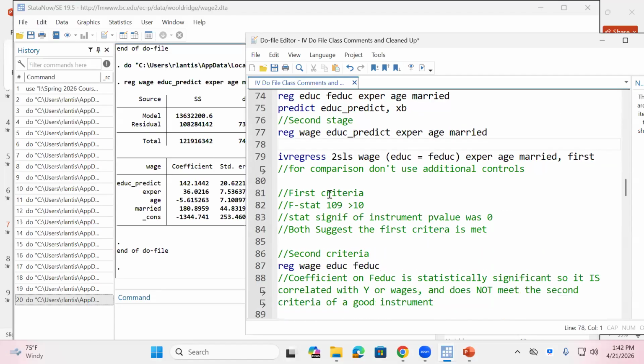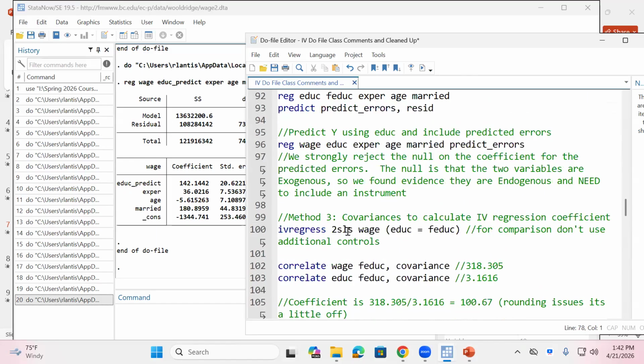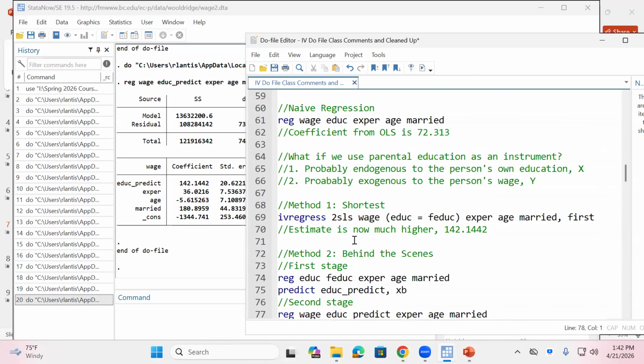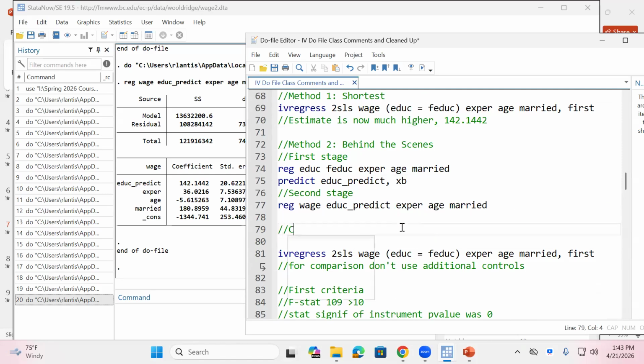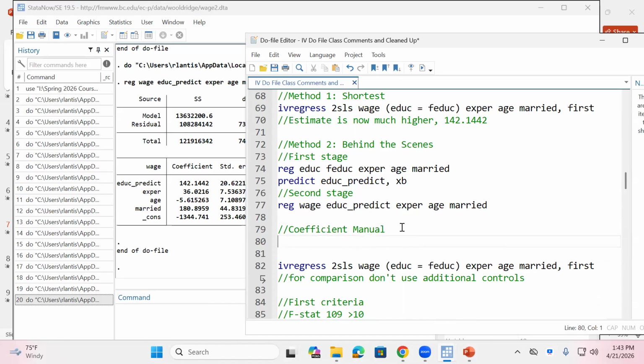So just to reiterate, and this is something we'll focus on a little more next class, let me add something in here. I said another way we can calculate this coefficient is it should be equal to the covariance of y with z.